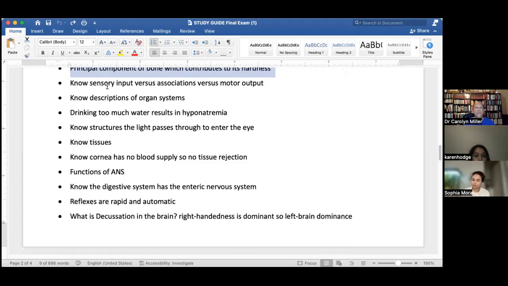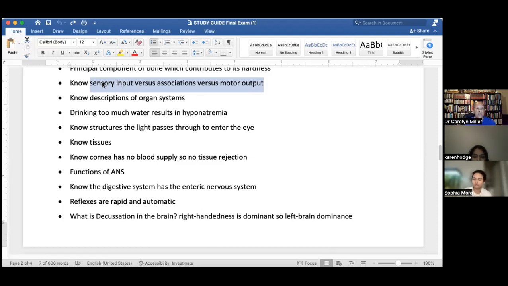Now sensory input versus association versus motor output. Sensory input goes into the brain. Associations help with interpretation. I'm looking, the photoreceptors send it into the brain, associations occur, and then the motor output says you're looking at red, you're looking at green.